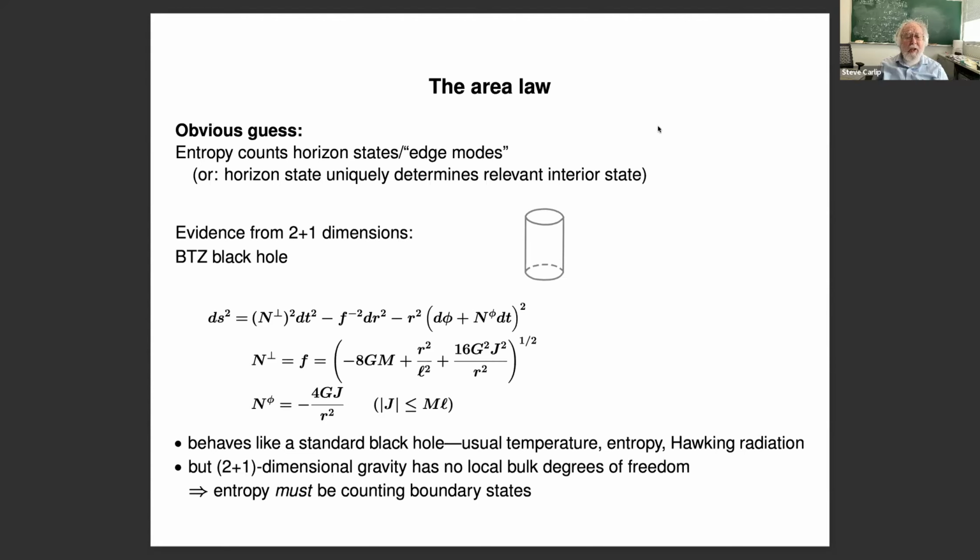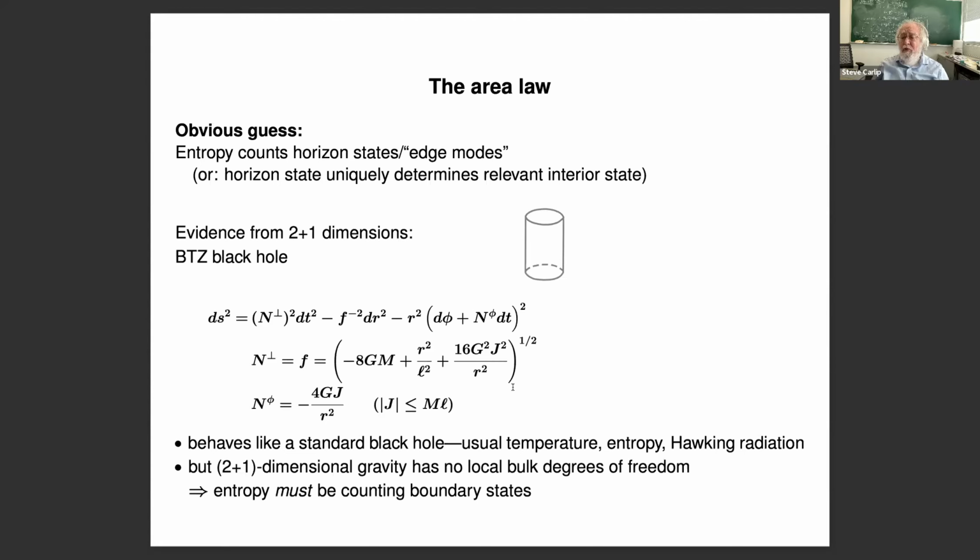I've written down the metric for the BTZ black hole just to show you that I can. It depends on a mass and a spin. It's a black hole in any sense that you would want to define a black hole. It has an event horizon.